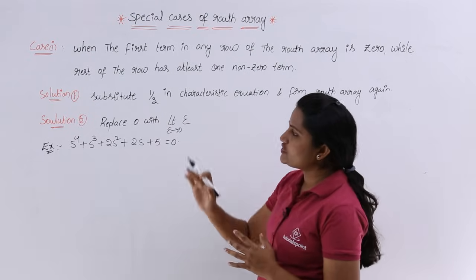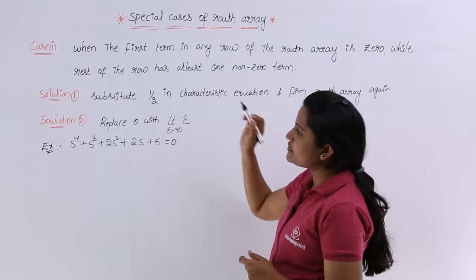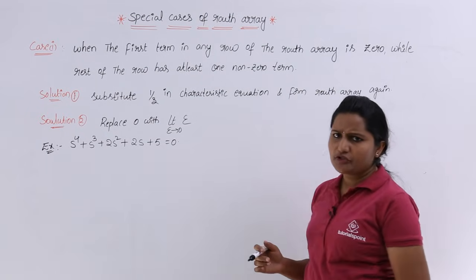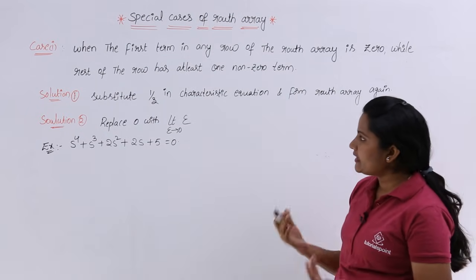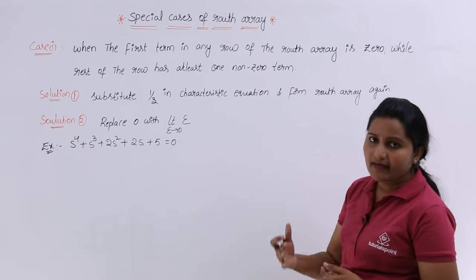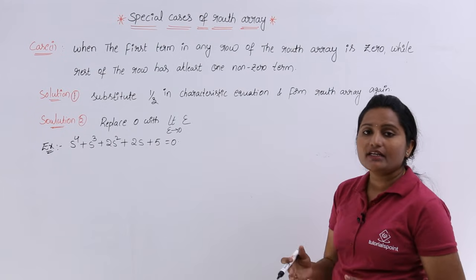For this, we have two types of solutions. One solution is to substitute 1 by z in the characteristic equation, and after getting the modified characteristic equation, reform the Routh array and determine the stability.